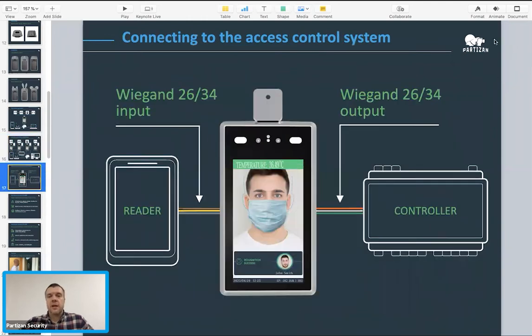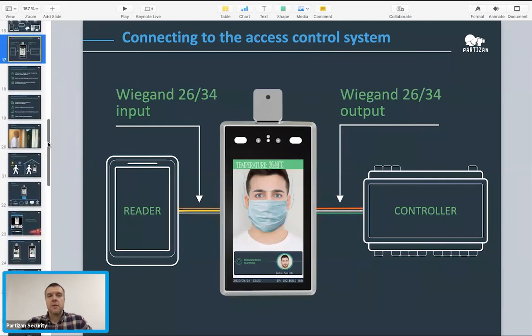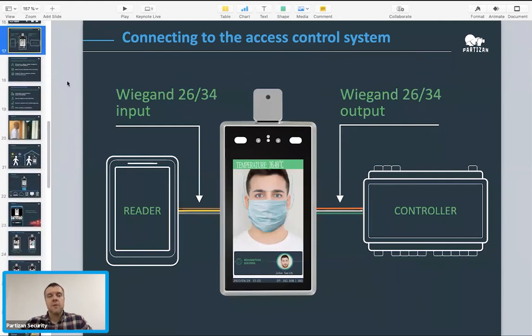So basically it works like that. When you have a reader, it's Wiegand in, and when you have a controller, it's Wiegand out. It's quite easy to understand if you are dealing with access control systems. If you are not, just let us know. We can make a dedicated seminar or webinar for you. It's not a problem. We can explain how it works. In my opinion, it's quite an easy and common system.